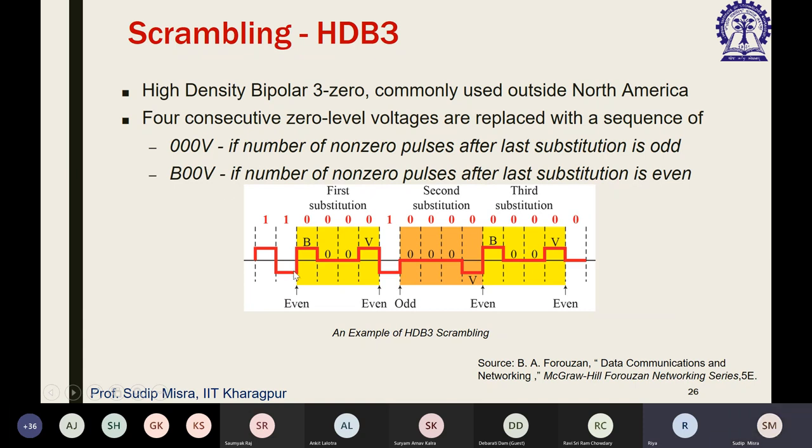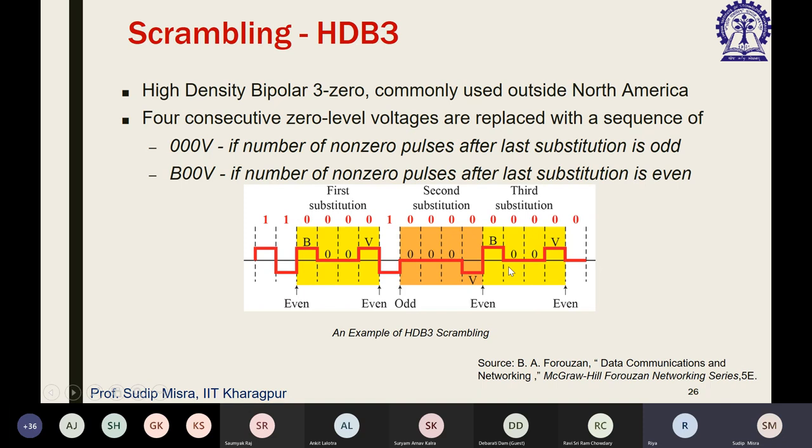So here it is even. So you are going to replace with B00V, since the number of non-zero pulses after the last substitution is even. Then again you check over here. If it is odd, you replace with 000V. Again it is even, you replace with B00V.